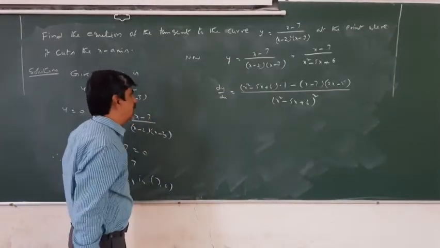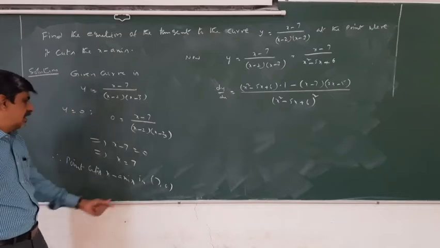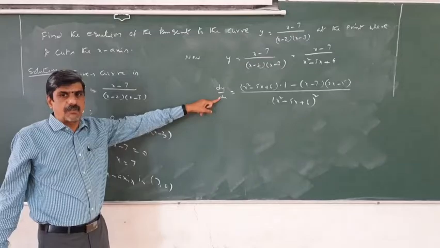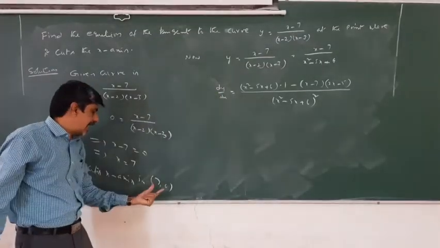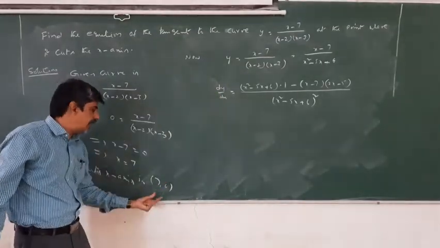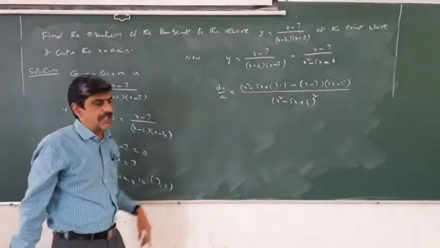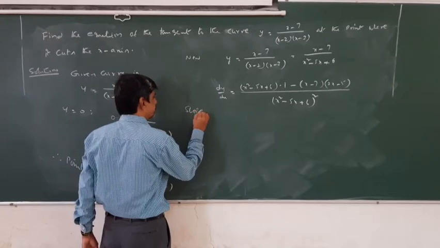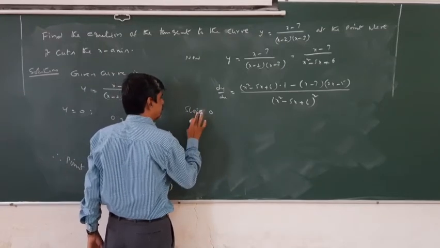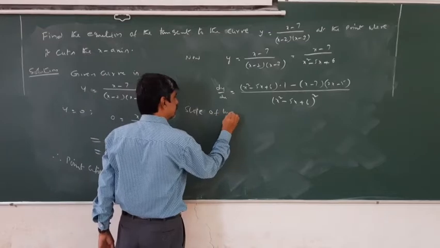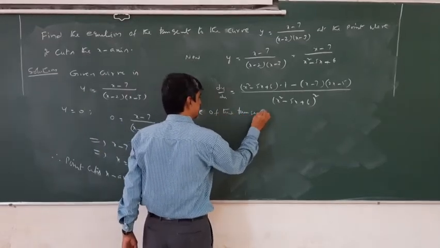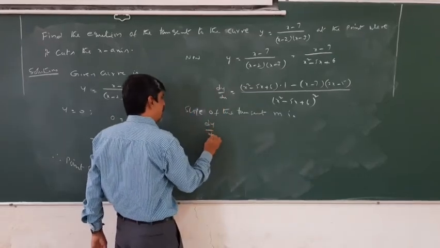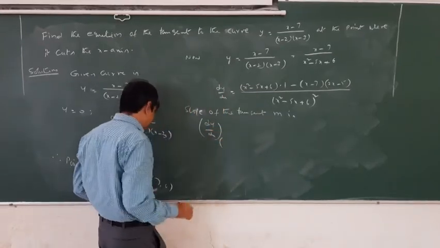Now we want to find the slope of the tangent first. dy/dx is called the slope of the curve. The slope of the tangent at the given point means dy/dx at the given point, so the slope of the tangent m is dy/dx at (7, 0).